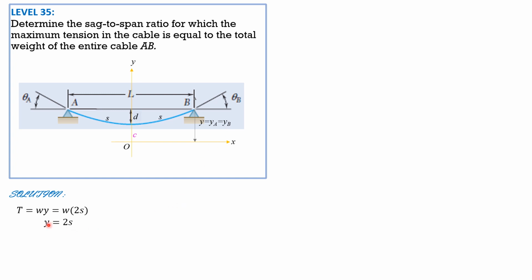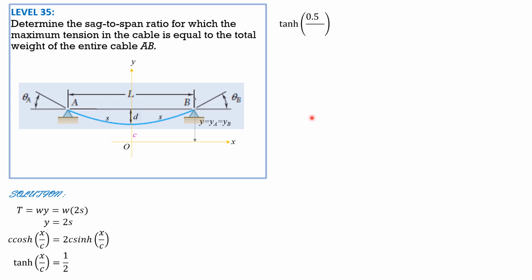So Y is C cosine hyperbolic of X over C, where X is half of L, and S is C sine hyperbolic of X over C. So C cosine hyperbolic of X over C equals 2 times C sine hyperbolic of X over C. Simplifying, tangent hyperbolic of X over C equals 1/2, because we can cancel C. So X over C therefore is inverse tangent hyperbolic of 1/2.